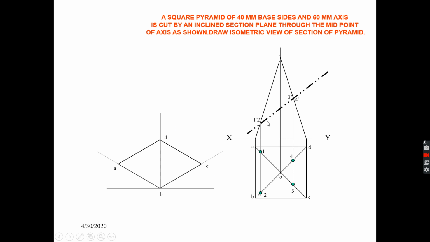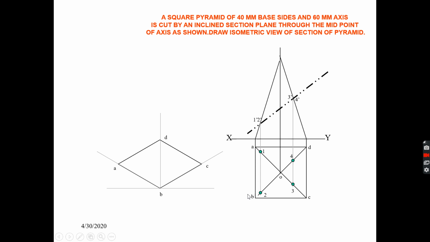Also, here the true length of these slant edges is not given. So how will you mark the points 1, 2, 3, 4 on these edges? What I will do here is use the fact that these base sides are of true length.